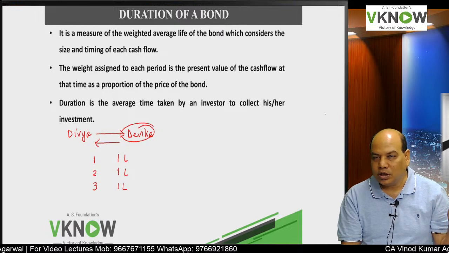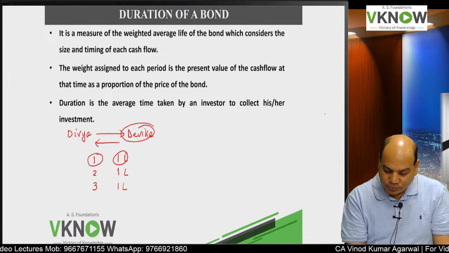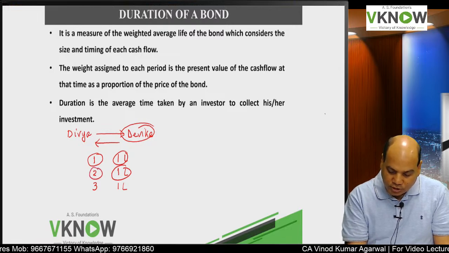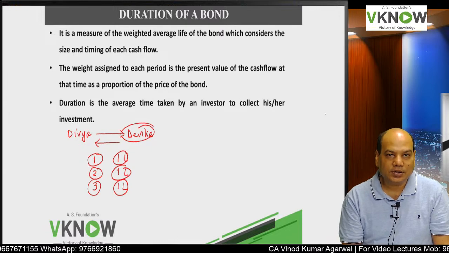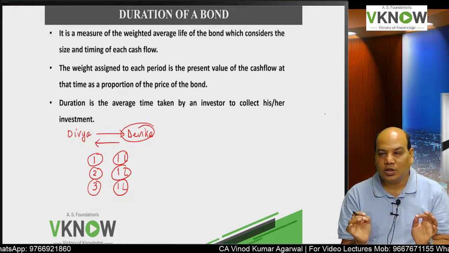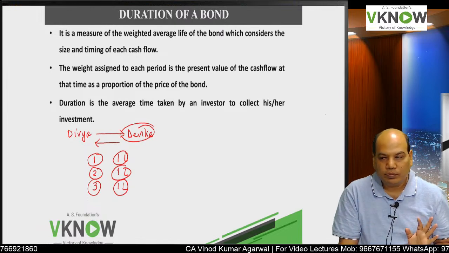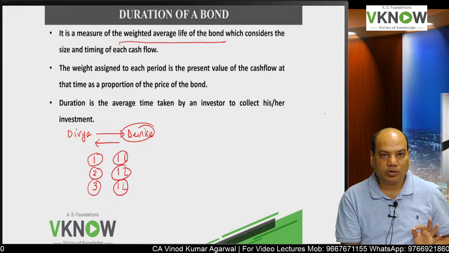Devika has given 3 loans to Divya. 1 lakh loan for a period of 1 year, 1 lakh rupees loan for a period of 2 years, 1 lakh loan for a period of 3 years. So what is the answer? Duration is not equal to 3 years. Duration is the weighted average maturity of the loan. Duration is the weighted average life of the bond.